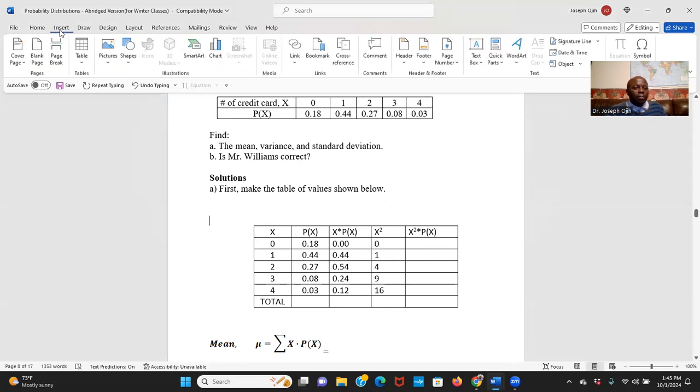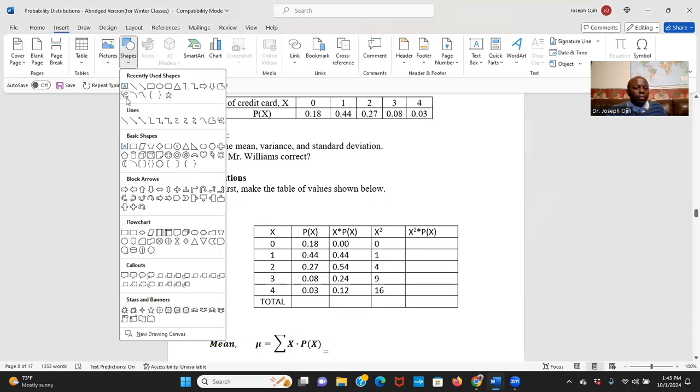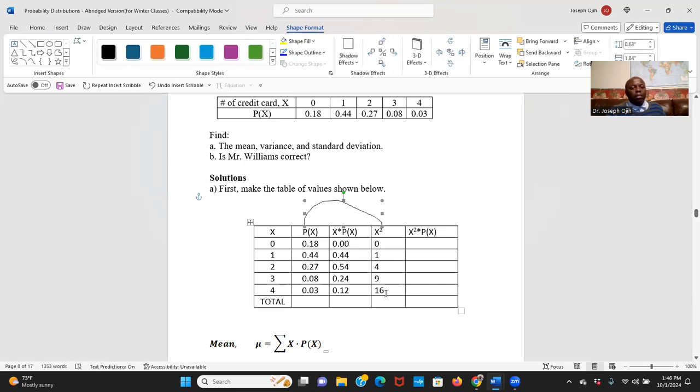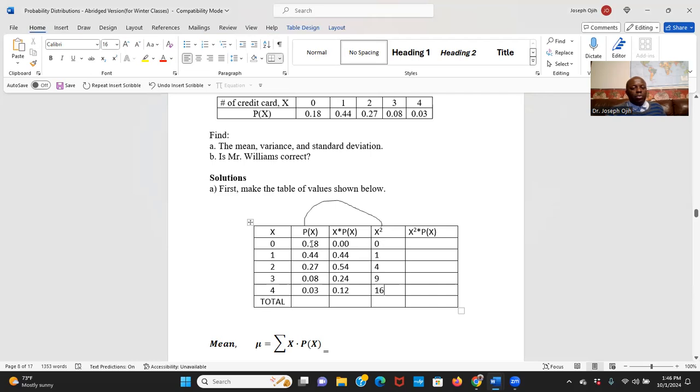It means x squared here times px. That's what it means. That means now 0 times 0.18 is 0.18. 1 times 0.44 is 0.44. 4 times 0.27, for that one, I got 1.08. You can verify this.